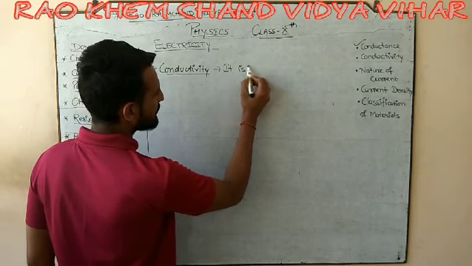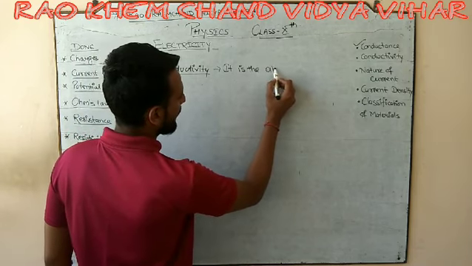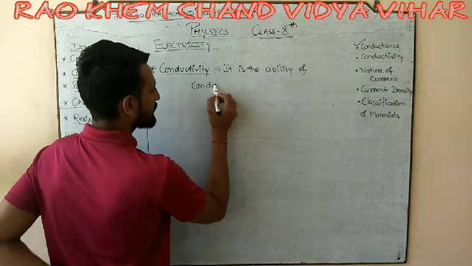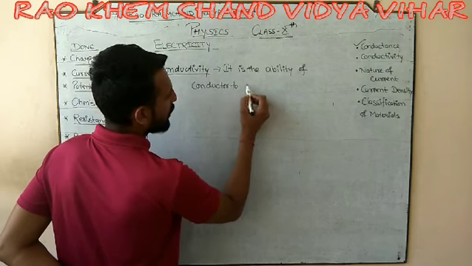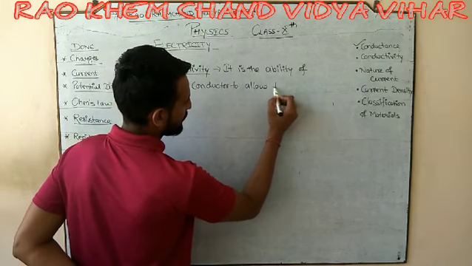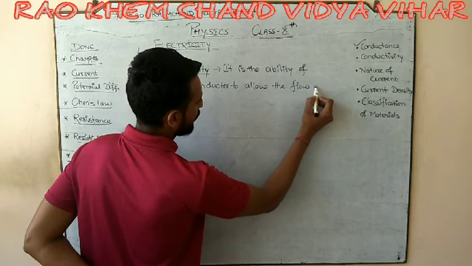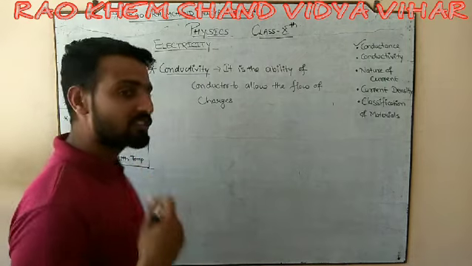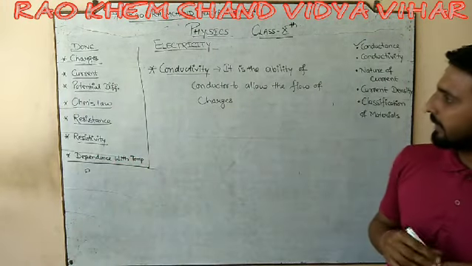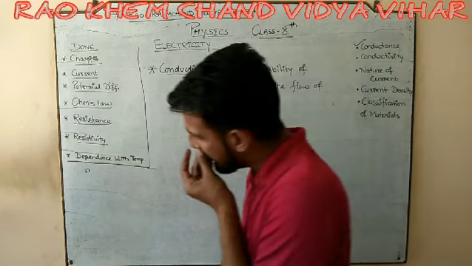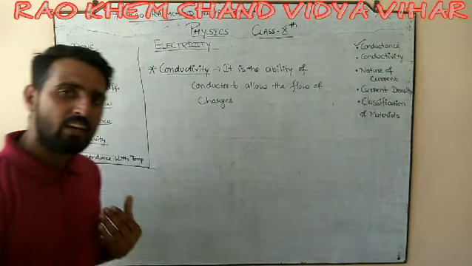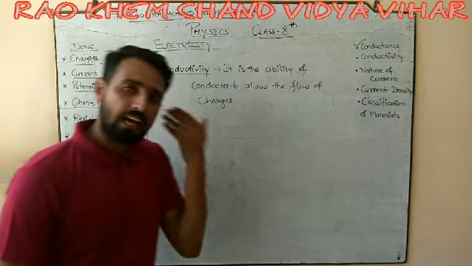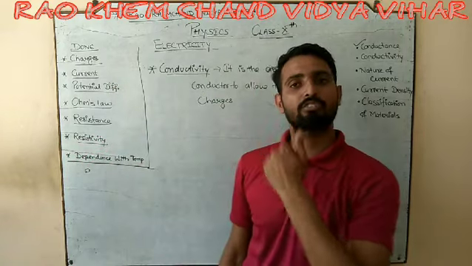It is the ability of a conductor to allow the flow of charges. Now I want to compare conductivity with resistivity. Resistivity was the ability of a conductor to oppose the flow of charge. So conductivity is the ability of a conductor to allow the flow of charge.